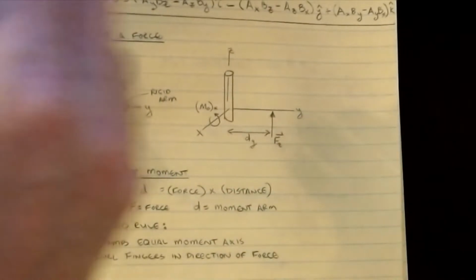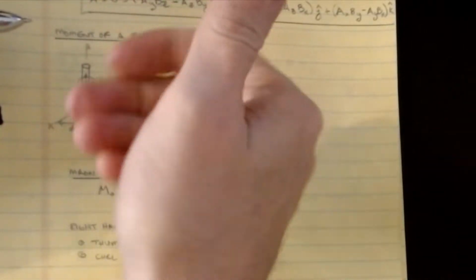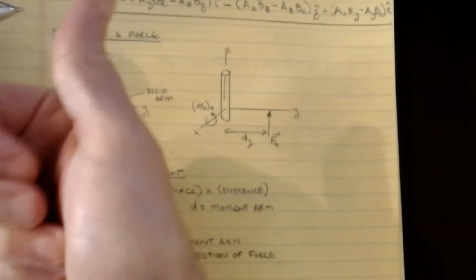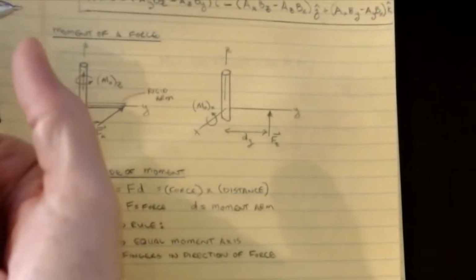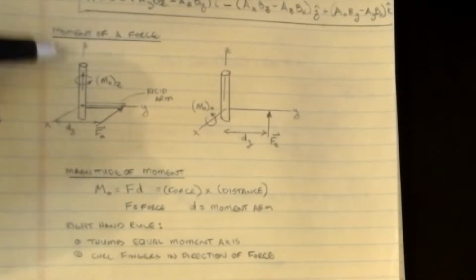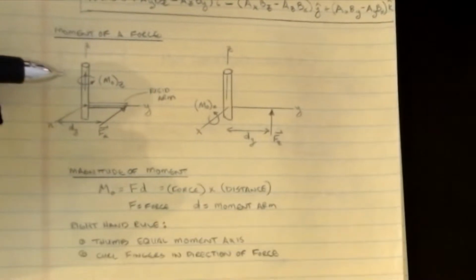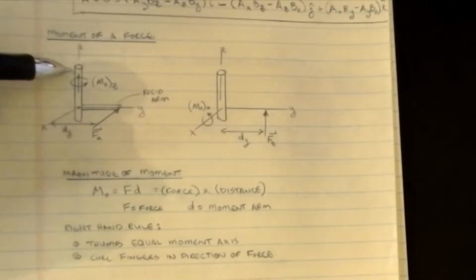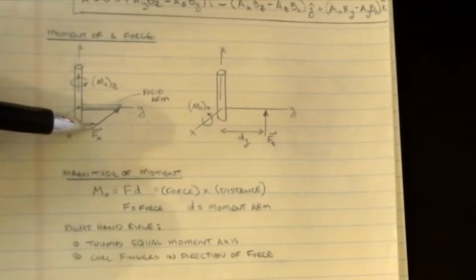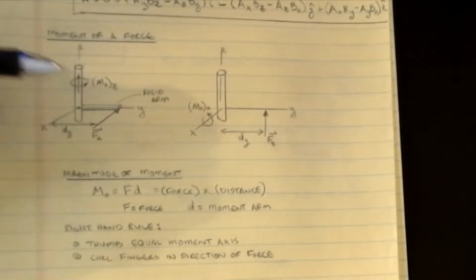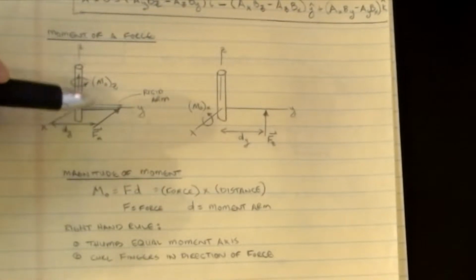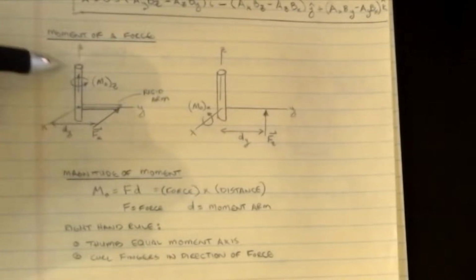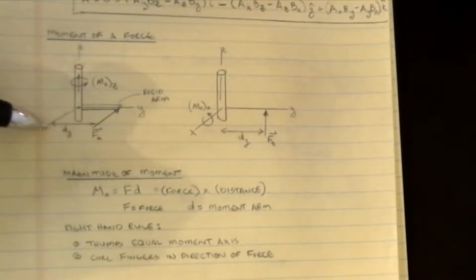If we remember our right hand rule, if I curl my hand in the direction of the moment, my thumb is pointing toward the positive z direction, so that's how we know that's a positive moment. In addition to that, I can also create a moment about the z-axis by putting a force here. In fact, this force Fx can cause a moment about the z-axis because it has a perpendicular distance to that z-axis, measured by what I'm calling a dy distance.